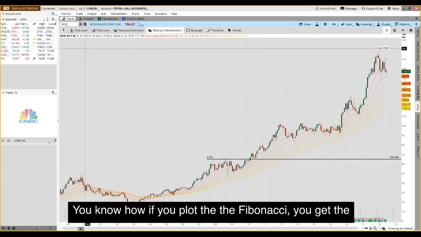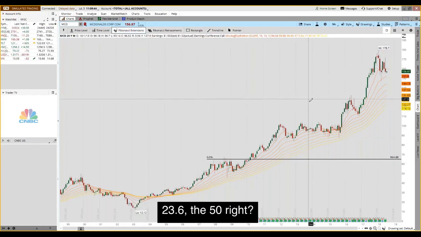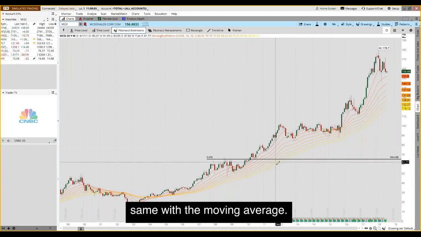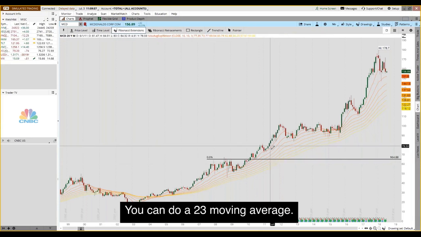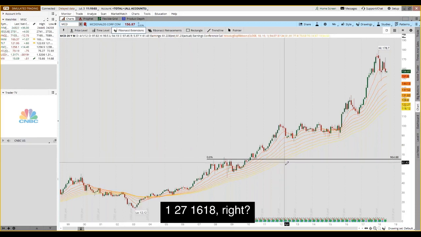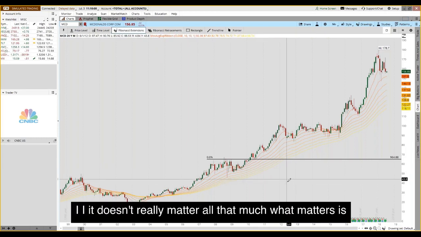You know how if you plot the Fibonacci's, you get the 23.6, the 50, right? The 61.8, the 76.8, 100, etc. So you can do the same with the moving averages. You can do a 23 moving average, a 50, a 61, a 76, a 100, right? 127, 1618, right? It doesn't really matter all that much.